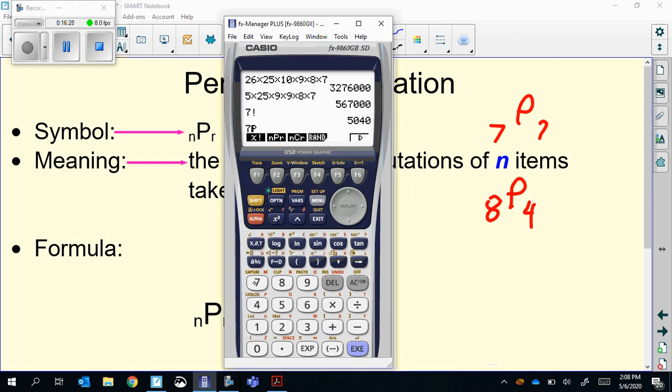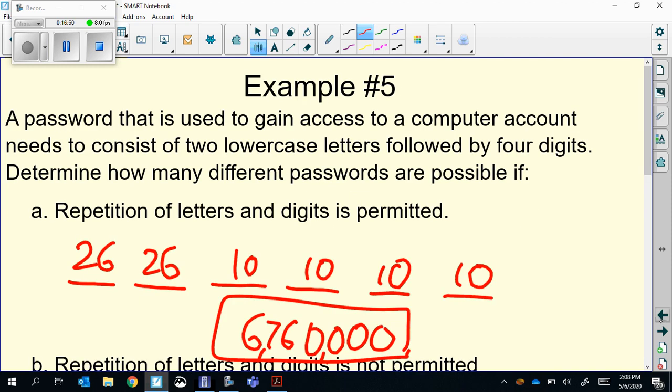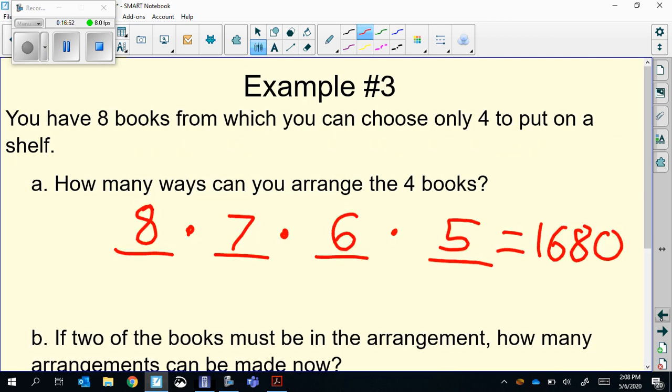So we do 7P7, and we should get that 5,040. And on that book example, I don't remember what our answer was. Let's see if this reminds us. 8P4 would be 1680. Let's scroll back. Let's see if that was right. 1680.